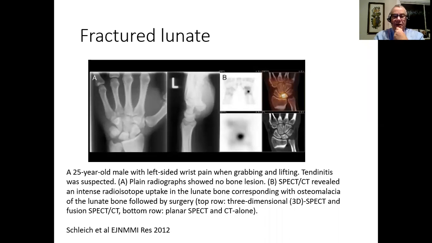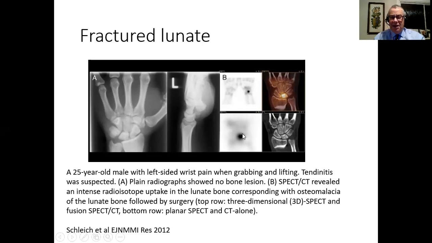This is one of their patients from their study. And this is from EJNMI research. A 25-year-old male with wrist pain, particularly worse when grabbing and lifting. They thought originally it was tendinitis. The X-ray doesn't show anything in the bones, but there is some edema around, so it sort of suggests there's something going on.